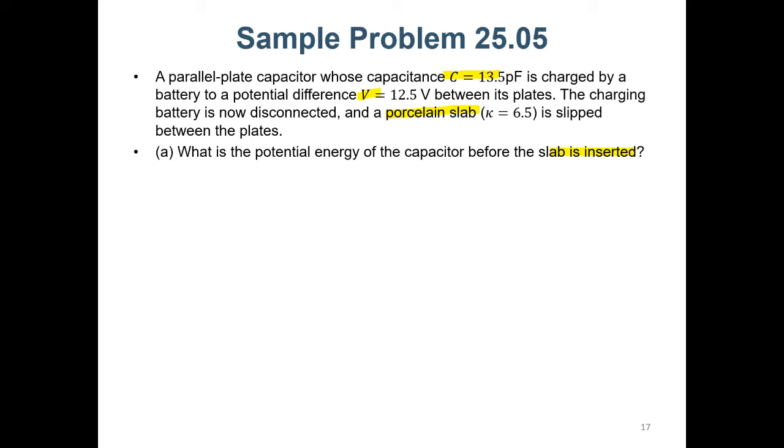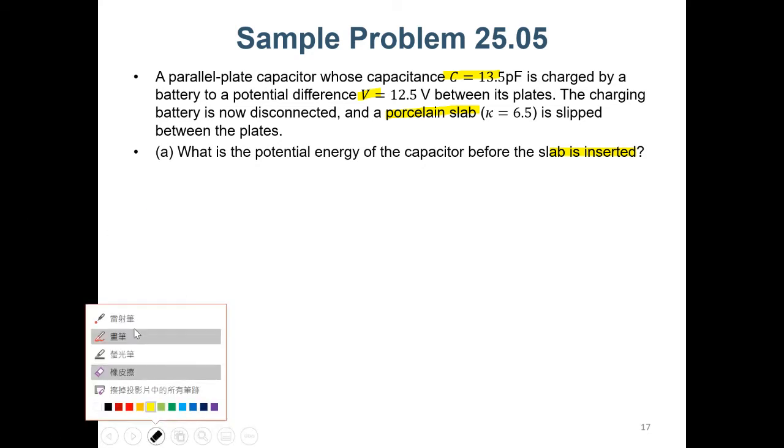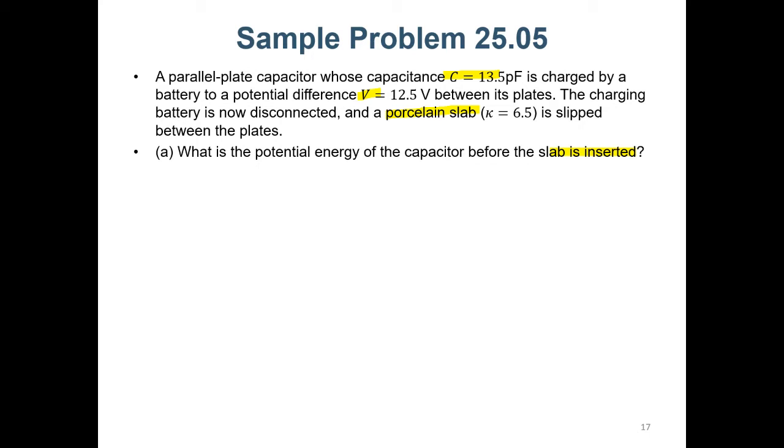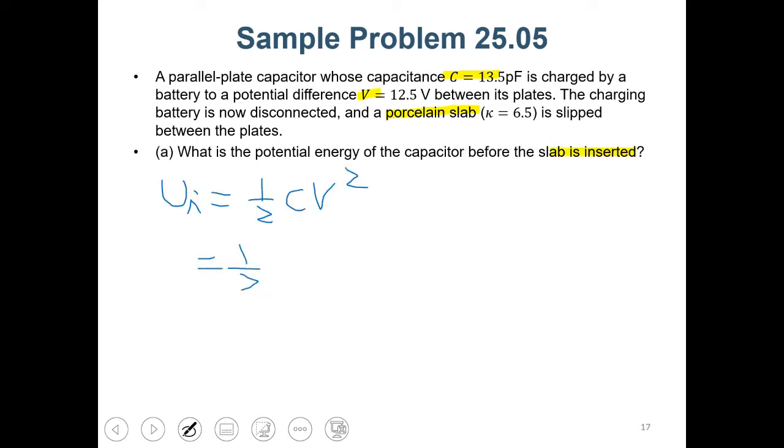What is the potential energy before it is inserted? So we have U initial to be 1/2 CV squared. You just need to plug in C equals 13.5 times 10 to minus 12, and then V is 12.5 squared.